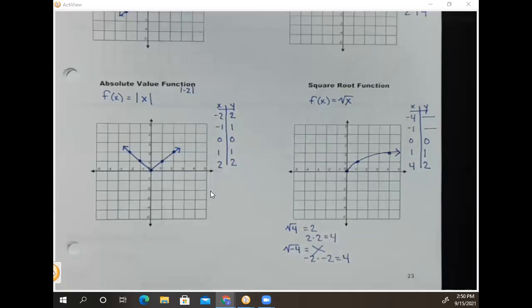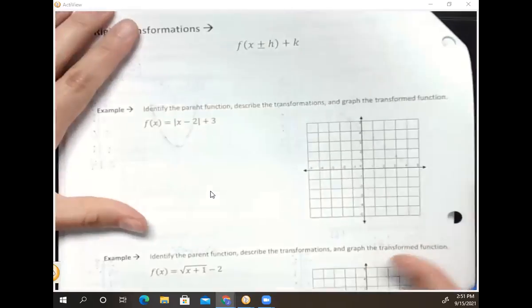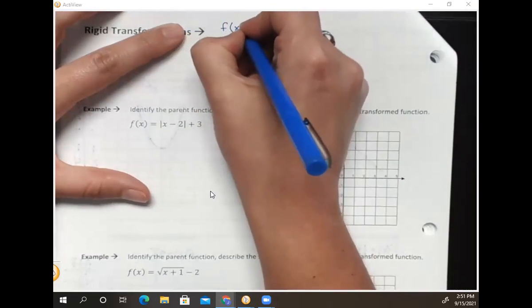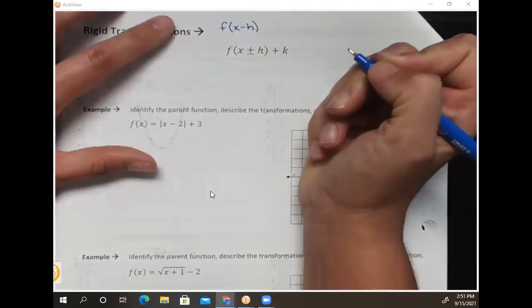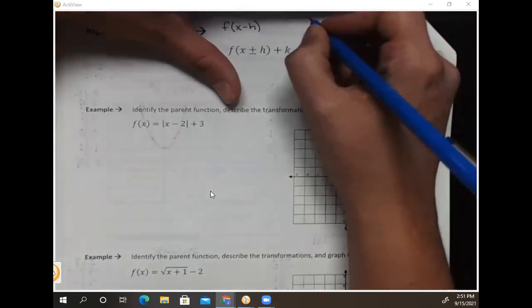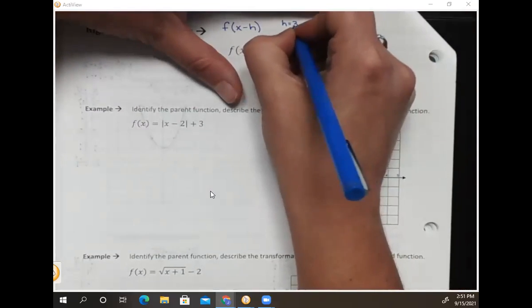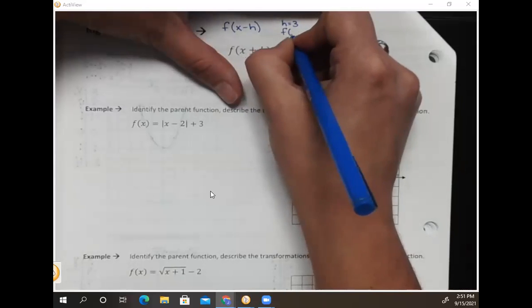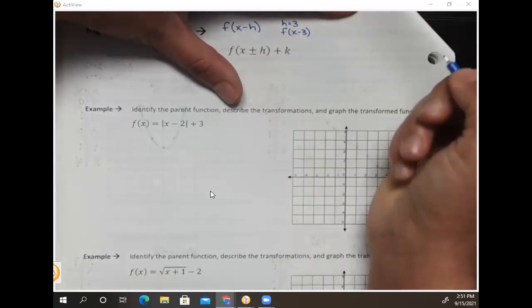So I want you to notice, and I got this up on the board here, that as we talked about that h value, the sort of default version we had was x minus h. And so when our h was positive, like when h was 3, if I were to plug that in, that would be x minus 3.